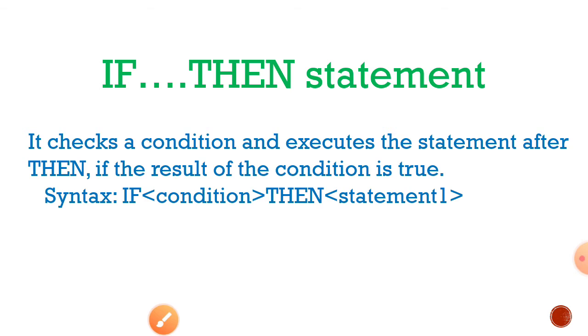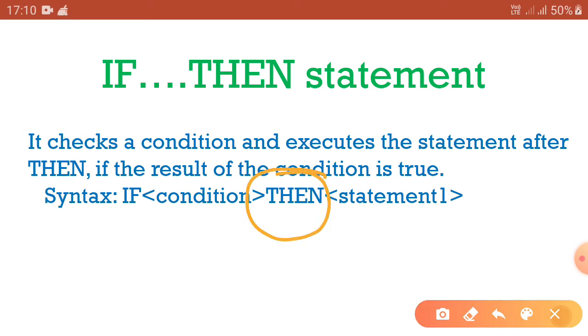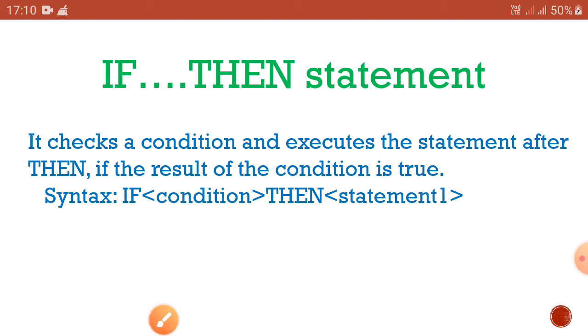Now it is IF THEN statement. The IF THEN statement is a one way decision making statement that checks a condition and executes the statement after THEN if the result of the condition is true. The syntax is below.